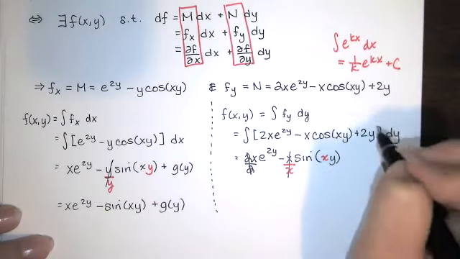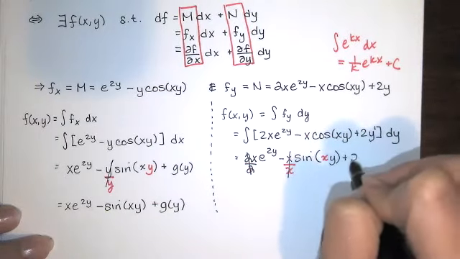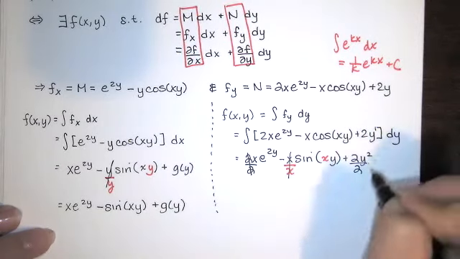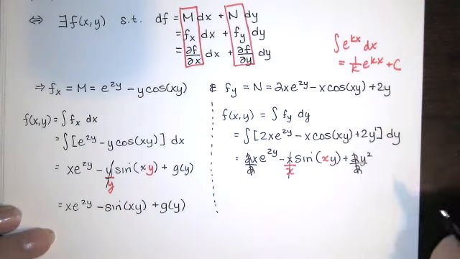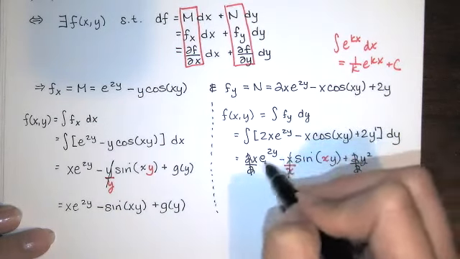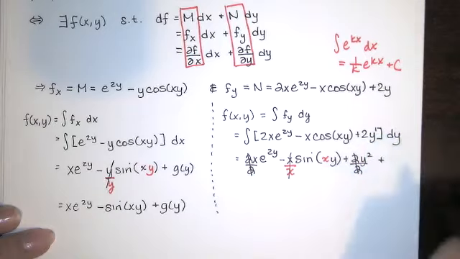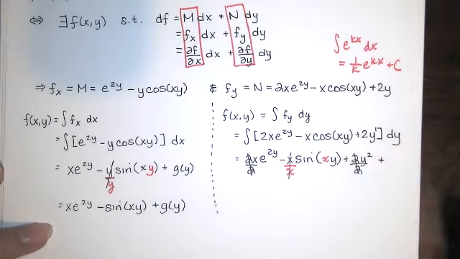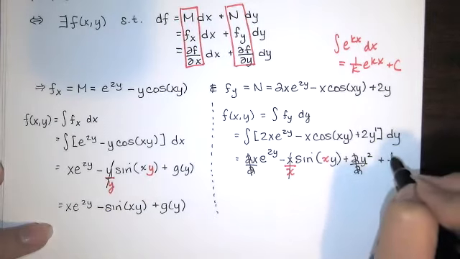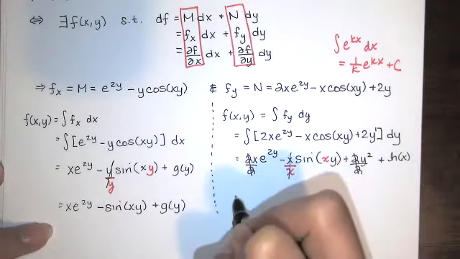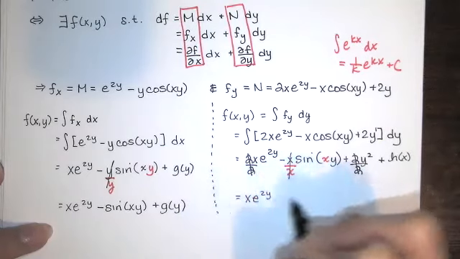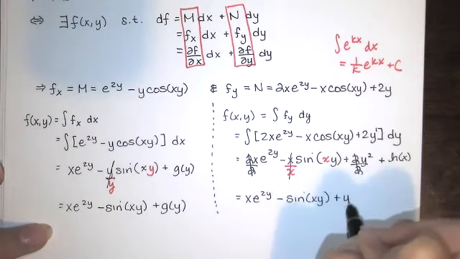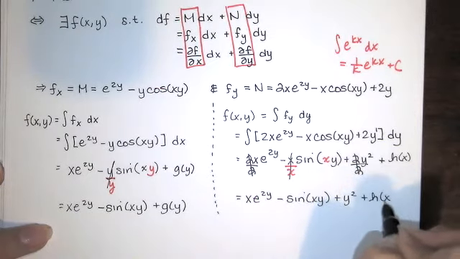And the antiderivative of 2y with respect to y, this comes from bringing the 2 down, adding 1 to the exponent, and dividing by the new exponent by the power rule, and those 2's reduce. So you did this part, and this part, and now you have to add a function that is constant with respect to y, but not necessarily with respect to x. So let's call it h of x. And we've got x times e to the 2y here, minus sine of xy, plus y squared, plus h of x.